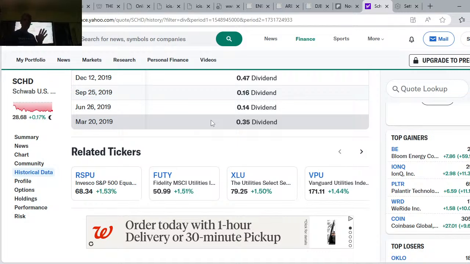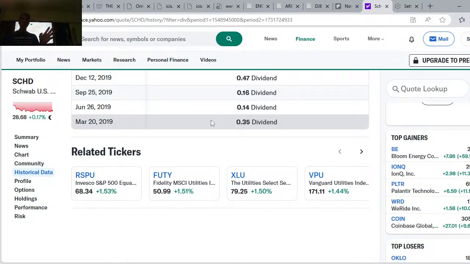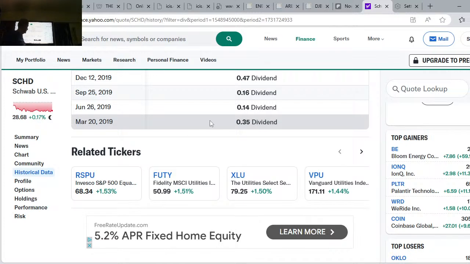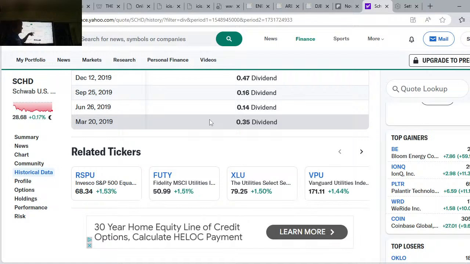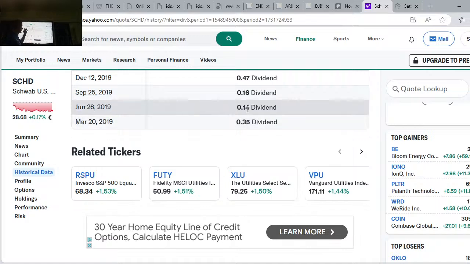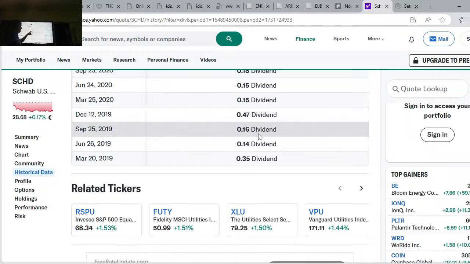But wait, it gets worse. Seriously, it does. Let's take a look at the numbers. Starts out at 35 cents per share, then it cuts it in half down to 14. Well, actually, it's worse than half. Half would be 17. This is 14. That's like a 55% decrease. Then it goes up to 16, then to 47.